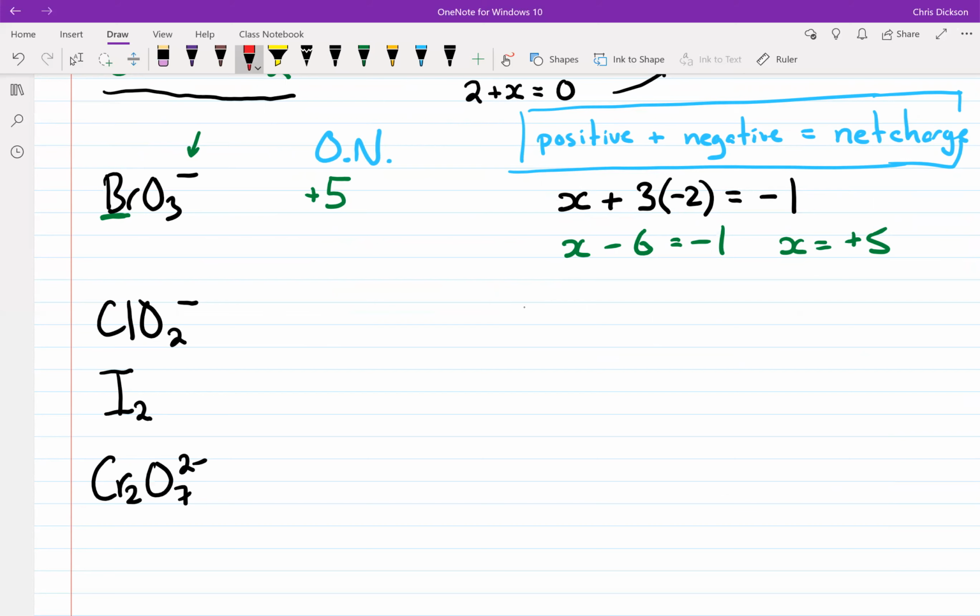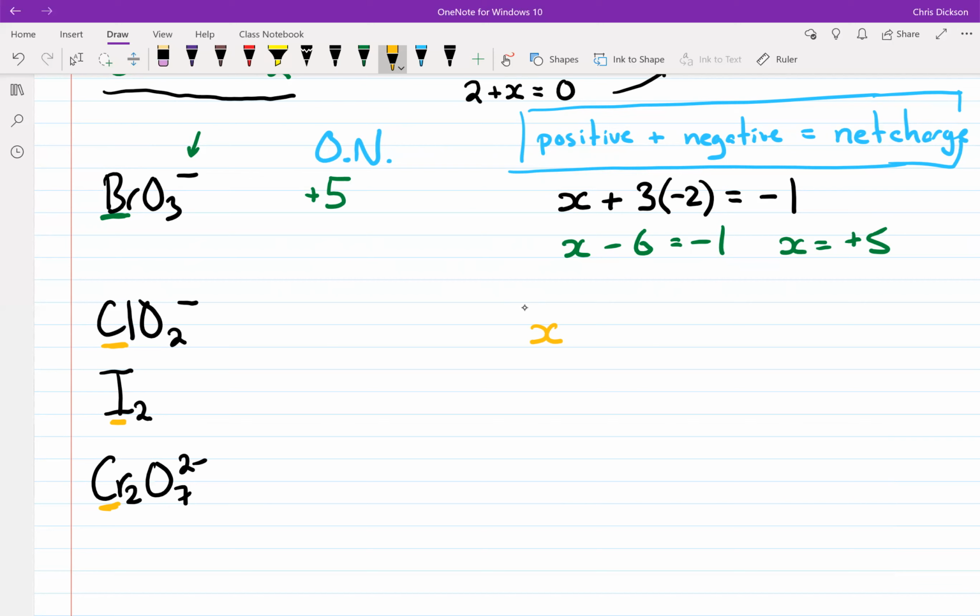Okay, so I'm going to look at the oxidation number on the chlorine. I probably should have told you what you're looking for. Oxidation number on the chlorine, oxidation number on the iodine, and oxidation number on the chromium here. Okay, so I've got X for the chlorine. And once again, my brain initially, when I was probably in grade 11 or 12, I would have thought it should be a negative number here.